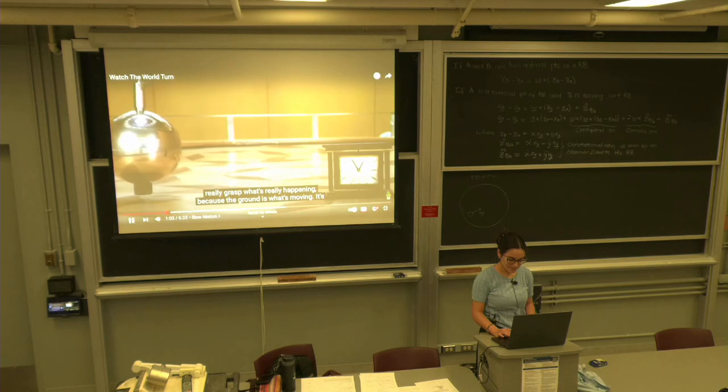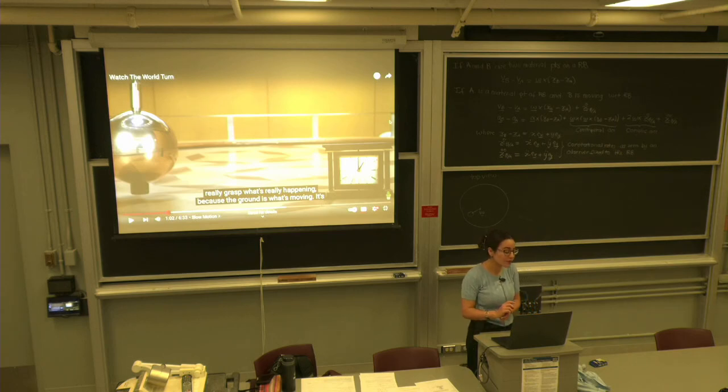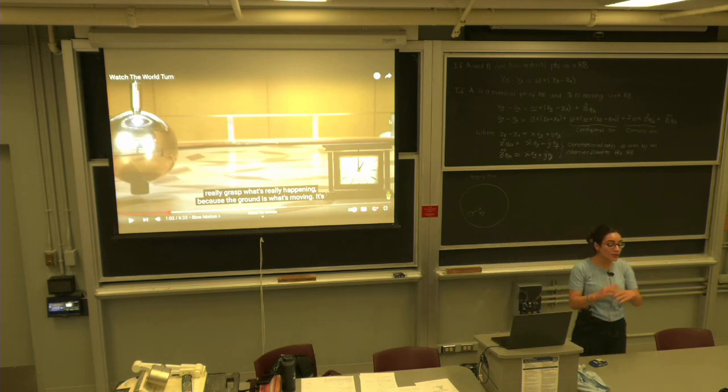Happening, because why is the pendulum moving around the room? It's the rotation of the Earth, right? It's proving the rotation of the Earth. Because if the Earth were not rotating, the pendulum would just move straight.